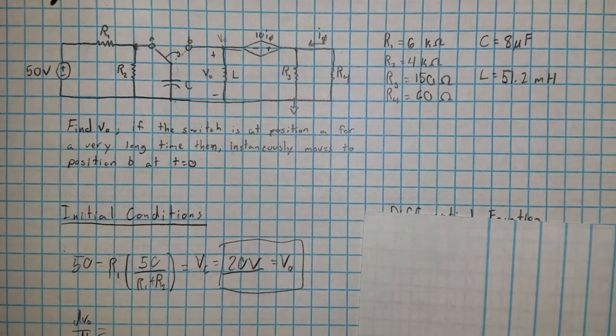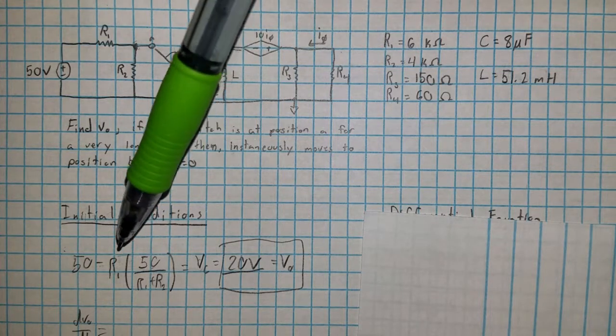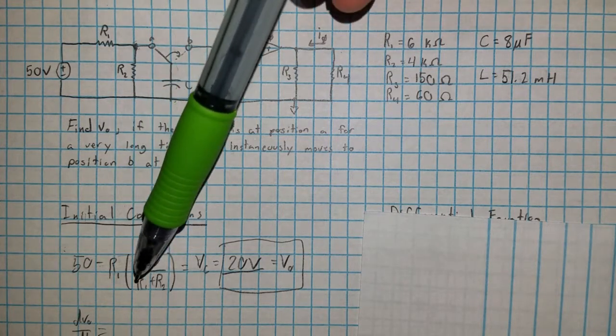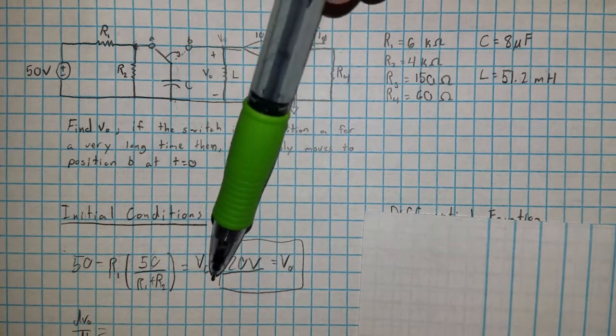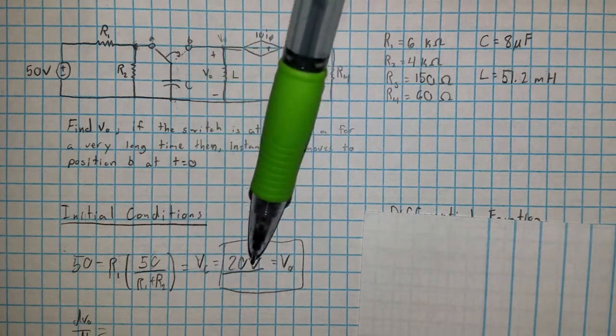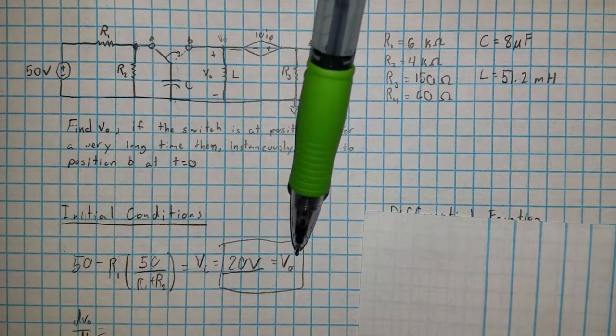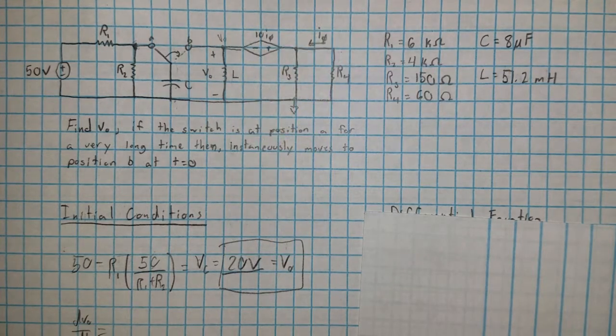Since it's been at position A for a long time, there's no current through the capacitor, so we can do a simple KVL: 50 minus the voltage across resistor R1, the voltage source 50 divided by the equivalent resistance, and we get that the voltage across the capacitor, which is equal to the voltage across the inductor initially, is 20 volts.